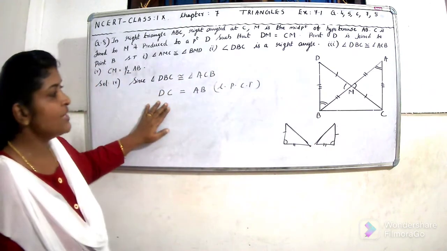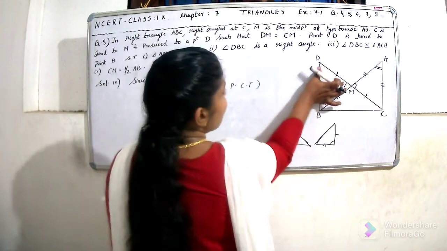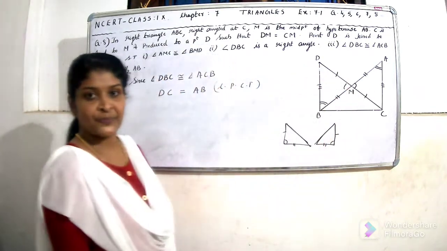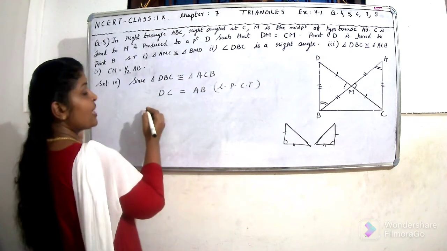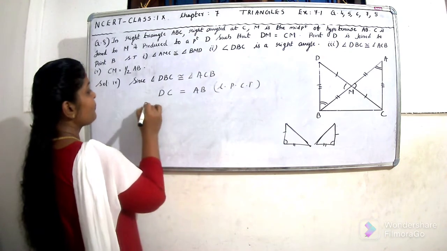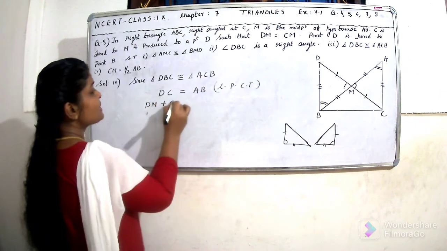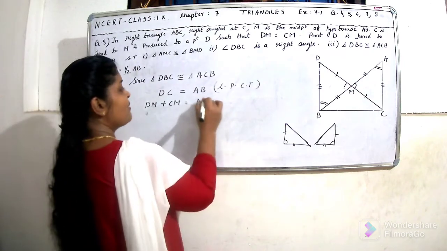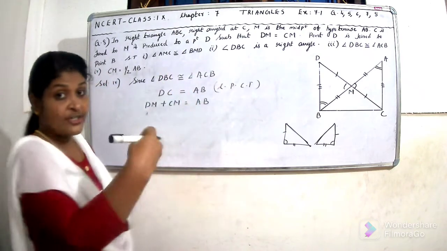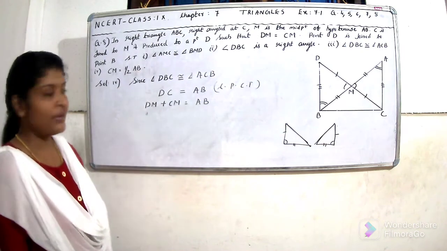So DC is the sum of DM and CM. Okay, so this DC we can split and write this way. DC is the sum of DM plus CM, which is equal to AB. AB we are not splitting because in the statement we have to prove, AB is there.